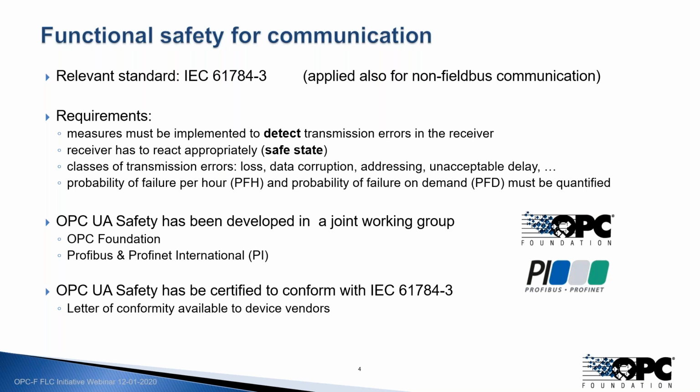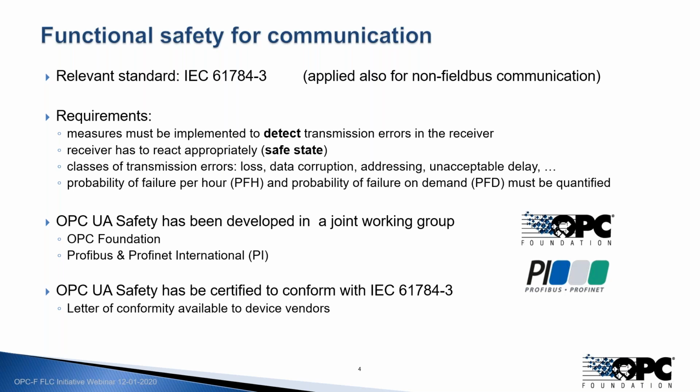The standard also lets you know what the classes of transmission errors are that you have to take into account. For example, you have to be able to deal with messages which are completely lost, which just do not arrive at the receiver at all, or messages where the content has been corrupted by a bit flip or by some other problems.